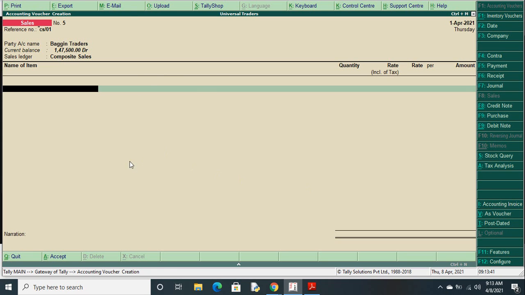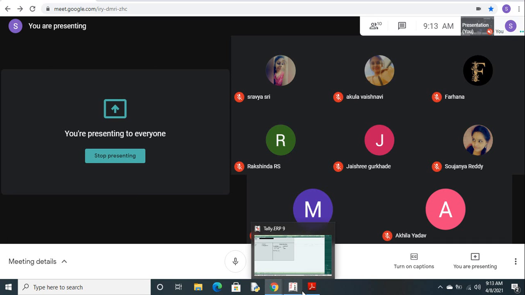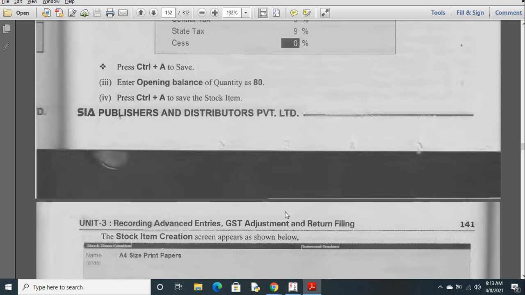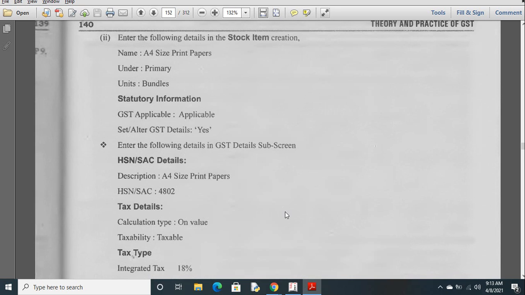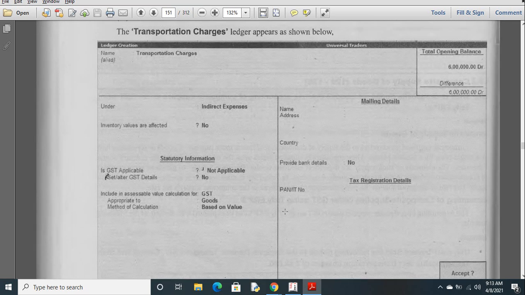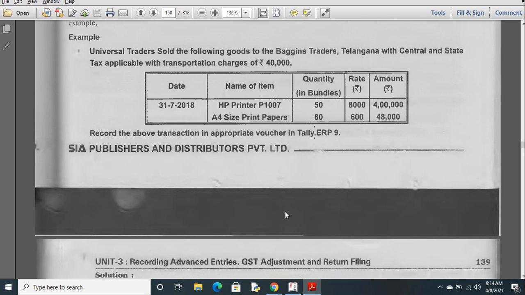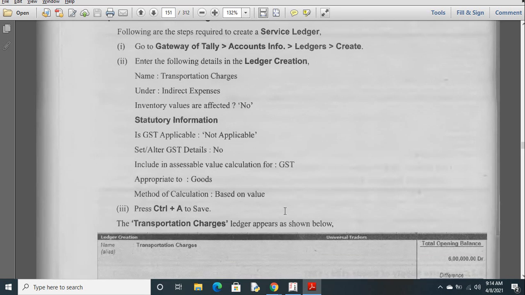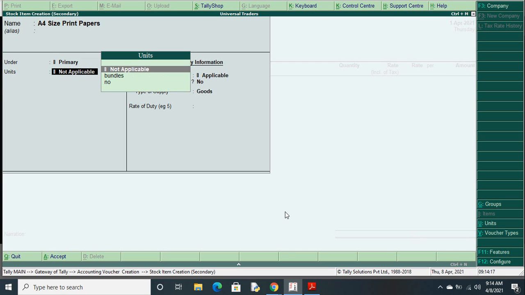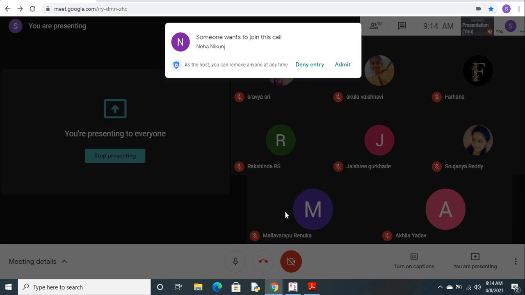So Alt C, what is the stock item? A4 size print papers. HP printers is already with us, right? So we have to create A4 size print papers under primary. These are bundles.